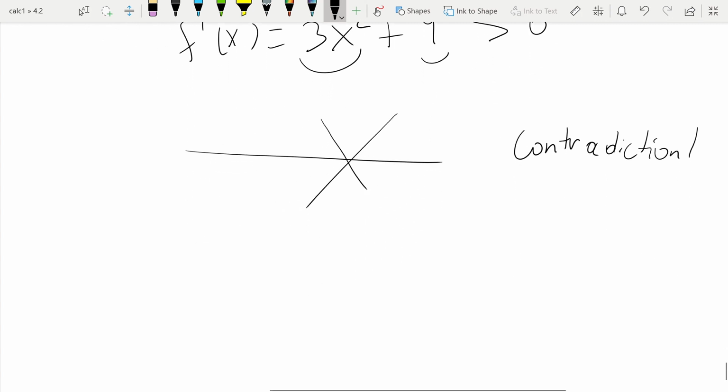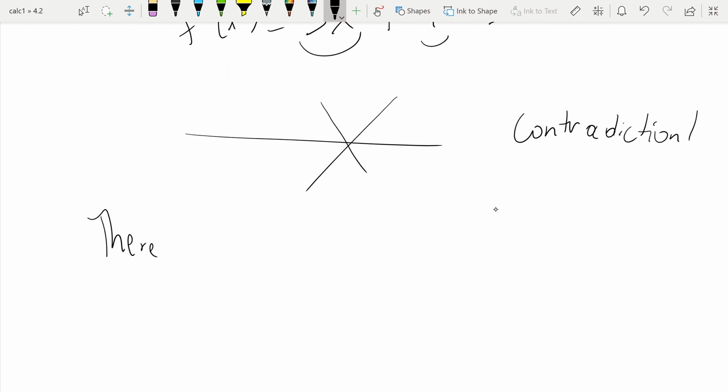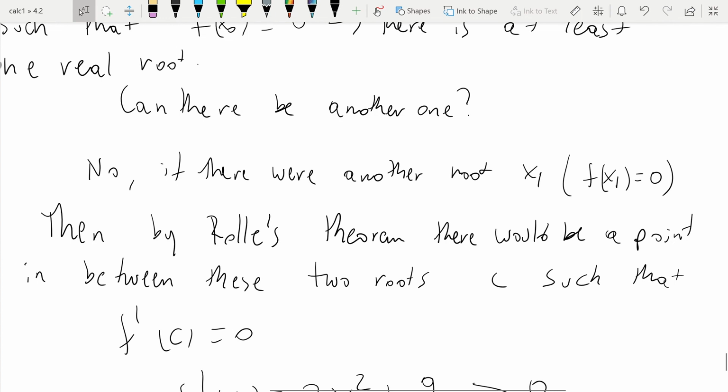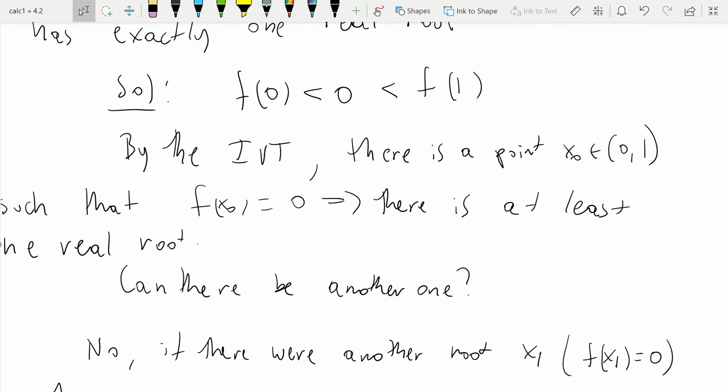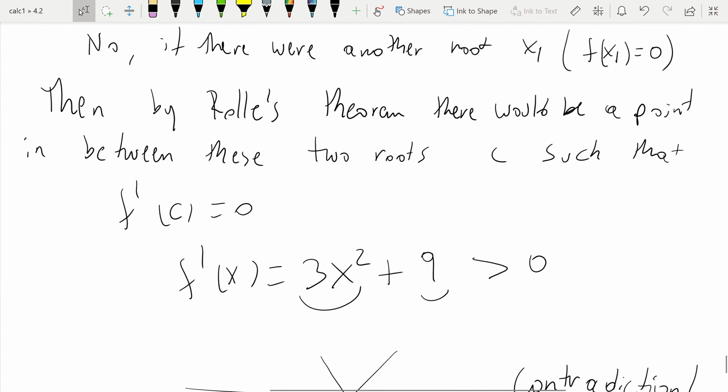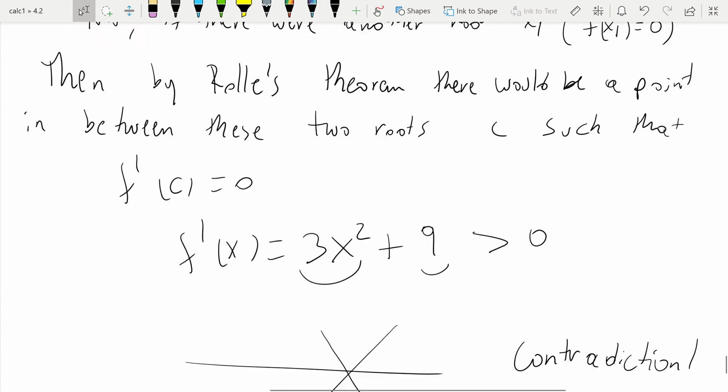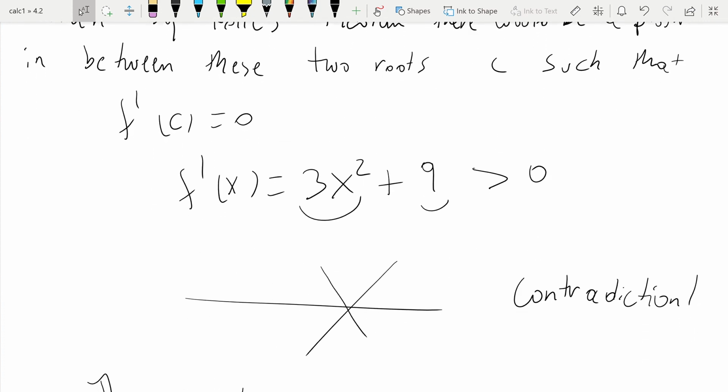So the conclusion here is that there isn't another root in R, so there's only one. We proved that there was one by using the intermediate value theorem, and assuming that there's another one, we reach a contradiction. So this cannot be the case.